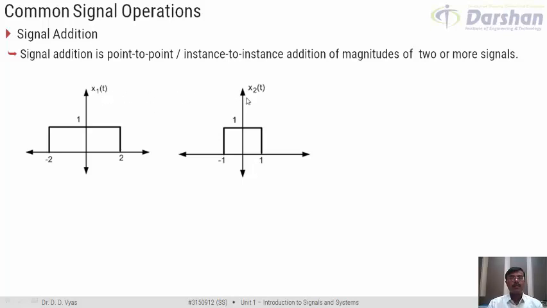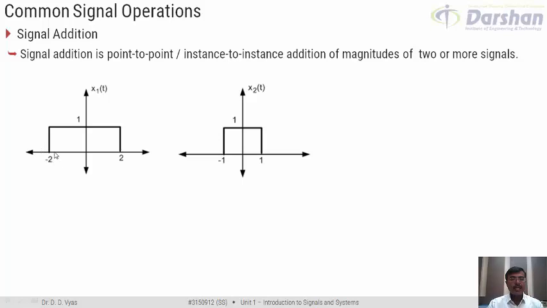Now suppose that I try to add these two signals. Then addition is point to point. So, for example, at t equal to minus 3, what is the value of x1? 0. At t equal to minus 3, what is the value of x2? 0. So, the resultant signal would have a 0 value.